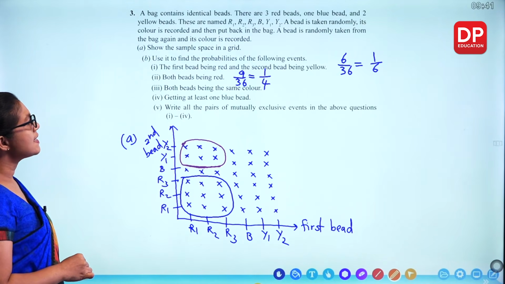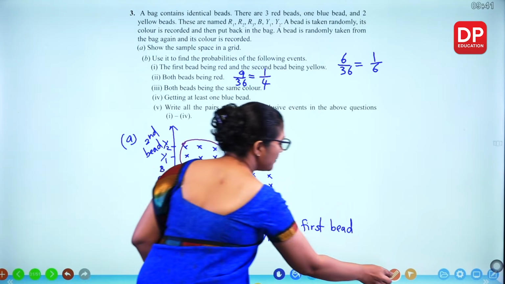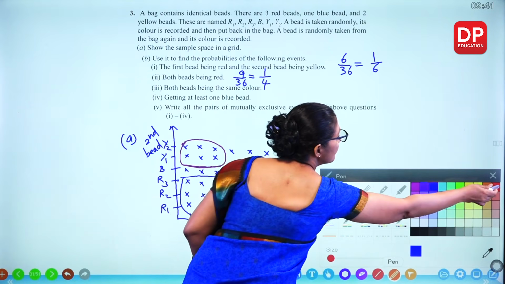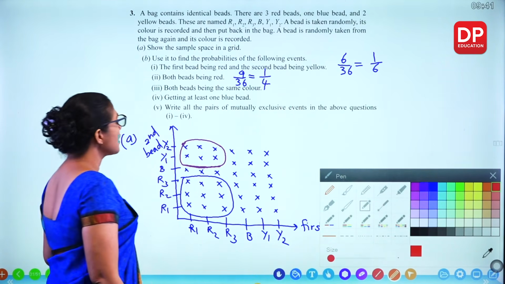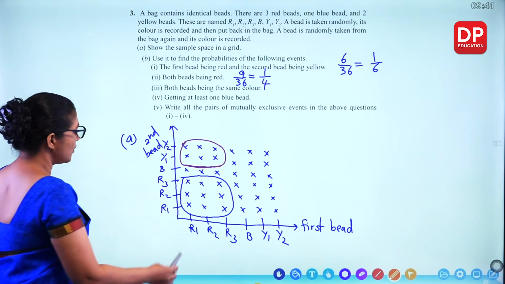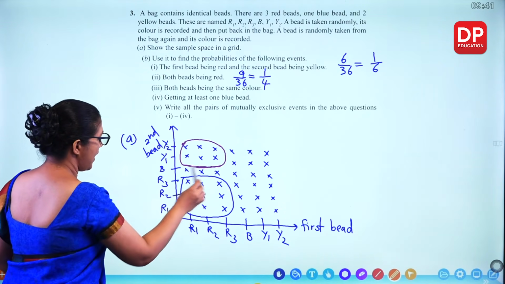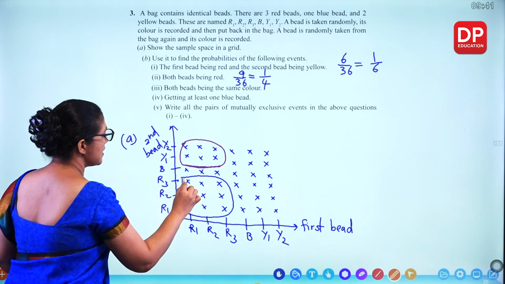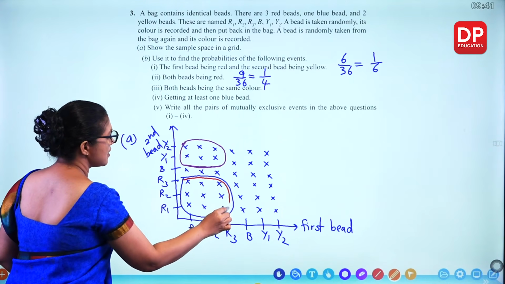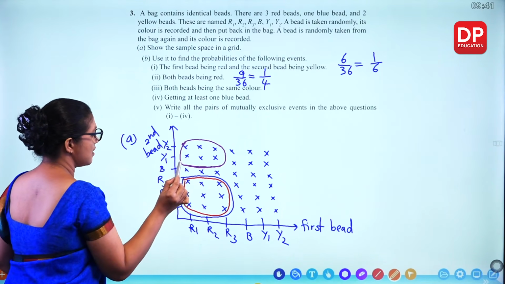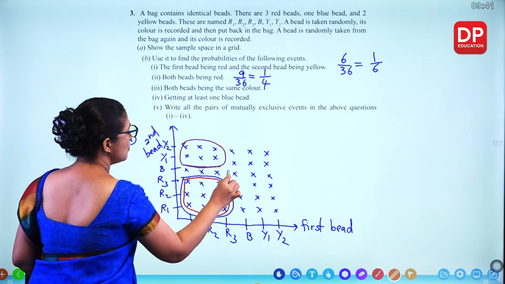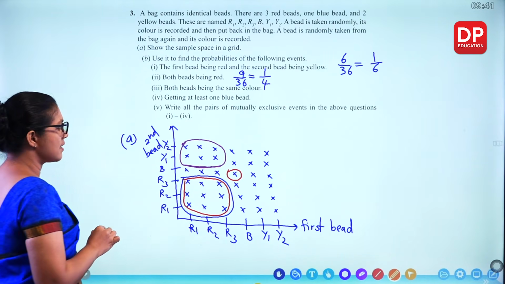Both beads being the same color. We'll take another color. Red. Same color. So I can get red with red. So that means this part. Blue with blue. This part.